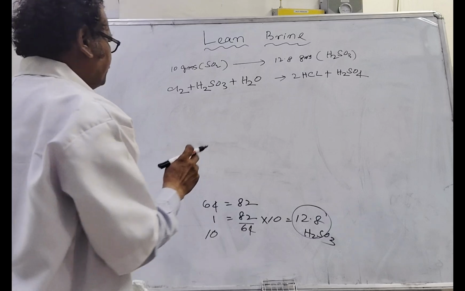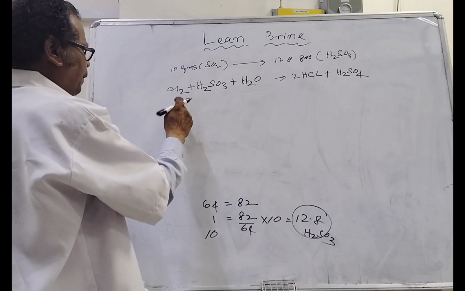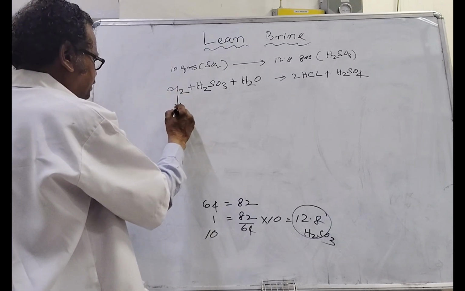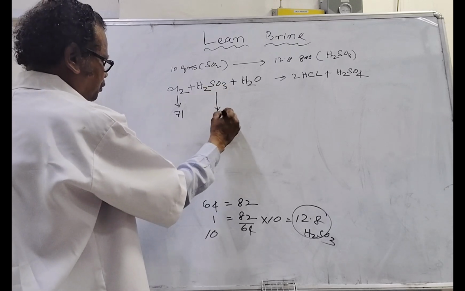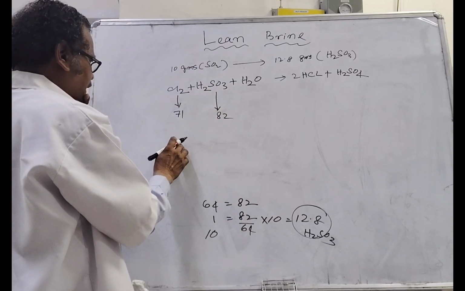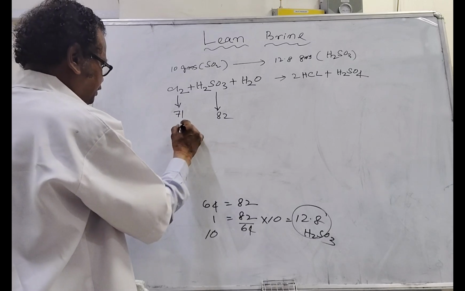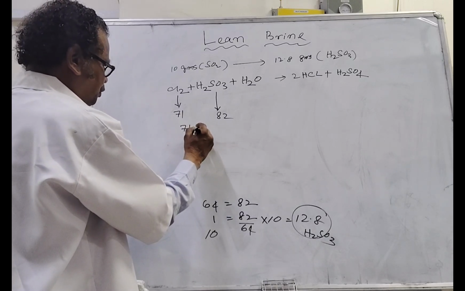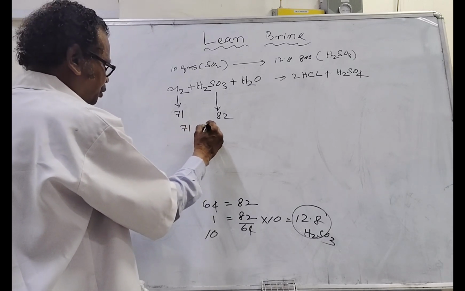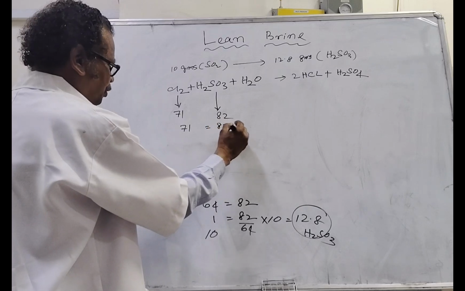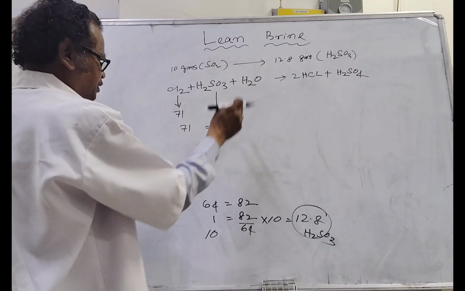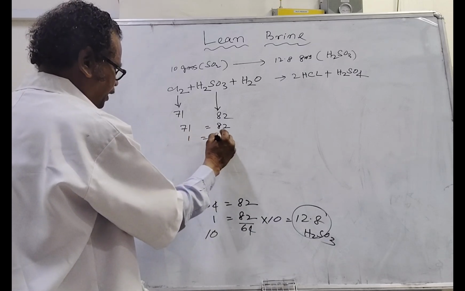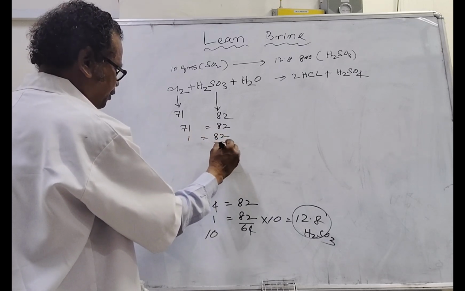The molecular weight of chlorine is 71, and the molecular weight of sulfurous acid is 82. Then 71 grams of chlorine will be removed by 82 grams of sulfurous acid. Then 1 is equal to 82 by 71.